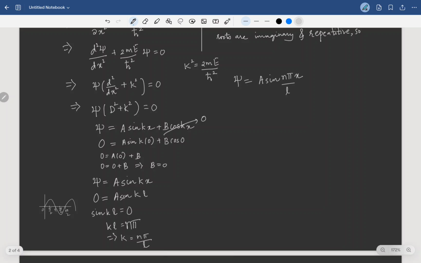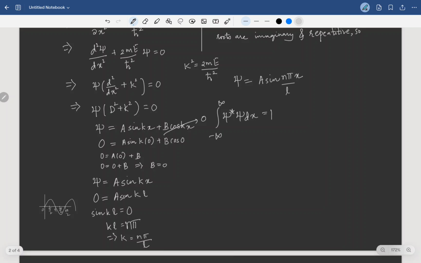To find this A, there is another step we should do now. From the basic definition of the wave function, the integral of psi star into psi into dx for one dimension, from minus infinity to infinity, should be 1.